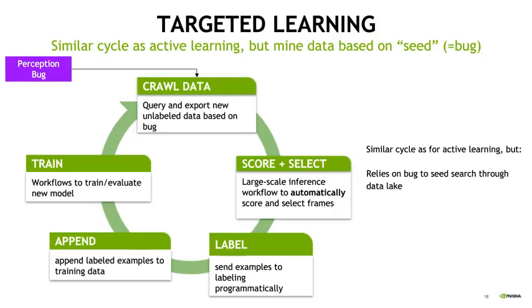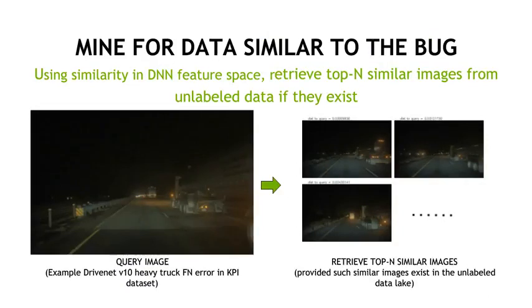So in this case, we're going through the same cycle, but we're now starting from a reference piece of data that we'd like to address as fast as possible. So conceptually, the way this works is it's typically entirely based on querying similar images from the reference one, and then having the ability to add these to a training data set rapidly.